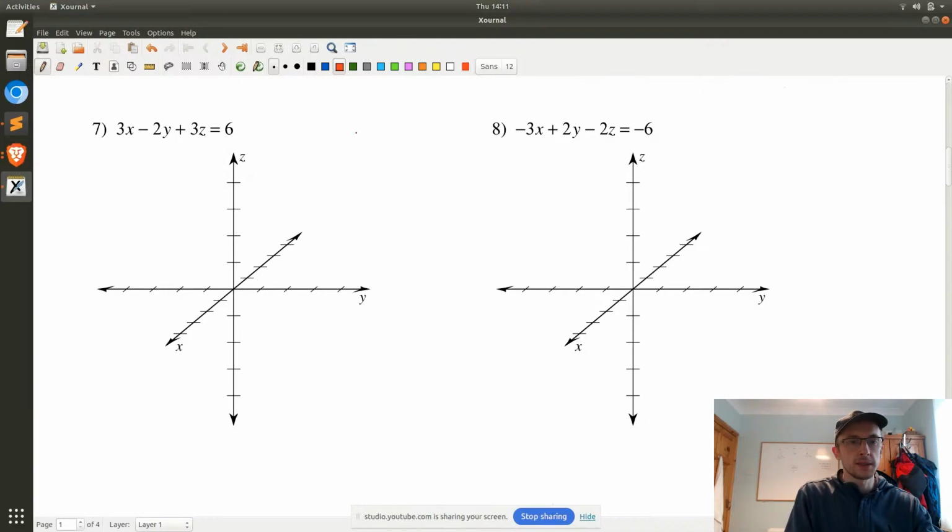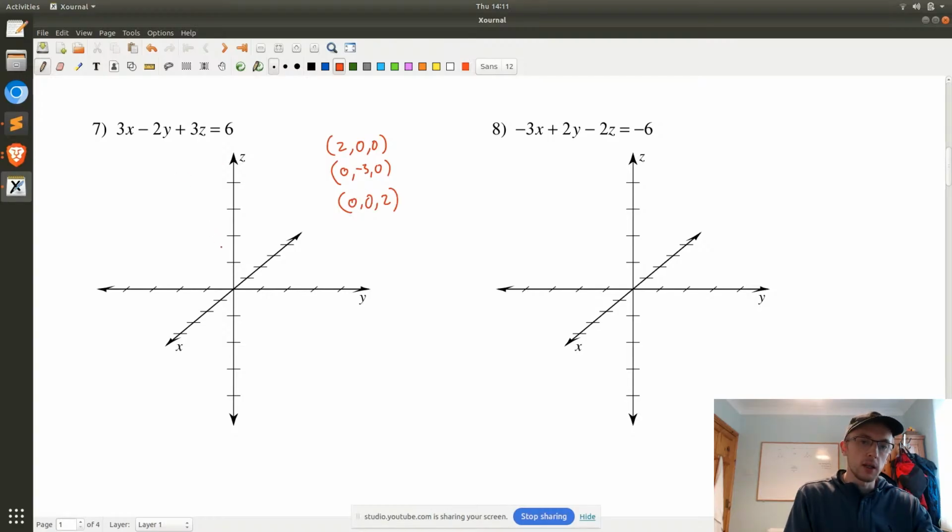Find the intercepts. For the x-intercept, 3x equals 6, so x equals 6 over 3, so x equals 2, so 2, 0, 0 for the x-intercept. For the y-intercept, negative 2y equals 6, so y equals 6 over negative 2, so y equals negative 3, so 0, negative 3, 0. And for the z-intercept, 3z equals 6, so z equals 6 over 3, so z equals 2, so 0, 0, 2, like that.